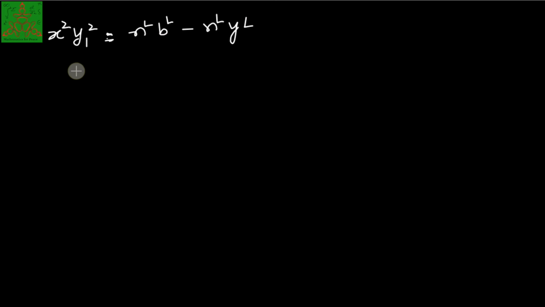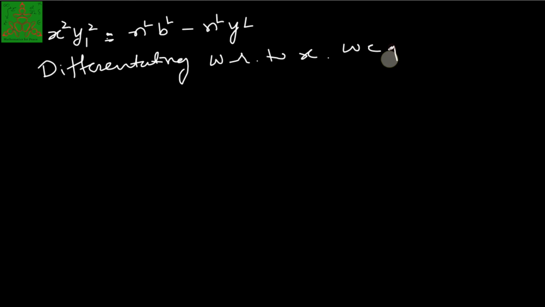This is the quantity. If we differentiate again with respect to x, why are we differentiating? Because the expression which we want to prove contains the second derivative. So that's why you have to take the second derivative. So x square, here we have to use the product rule.